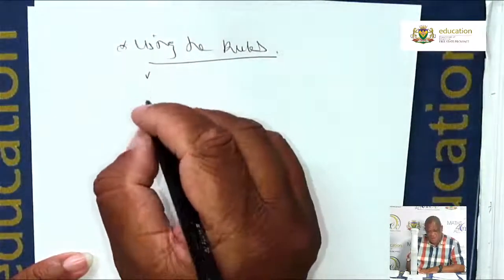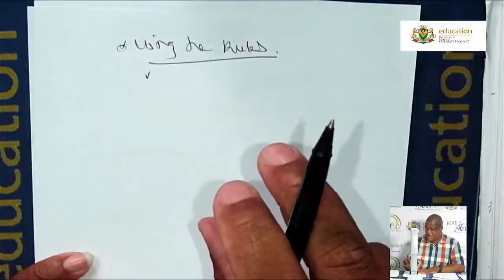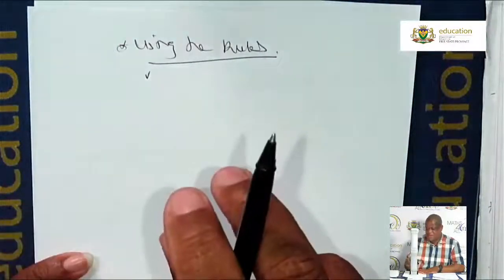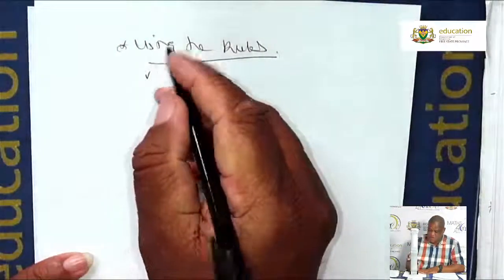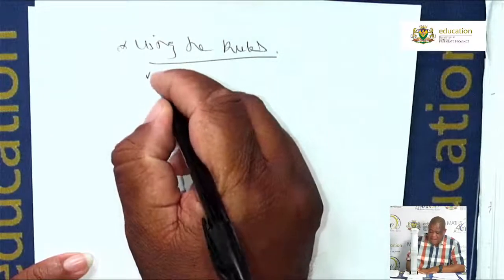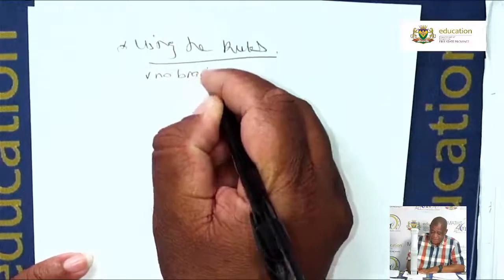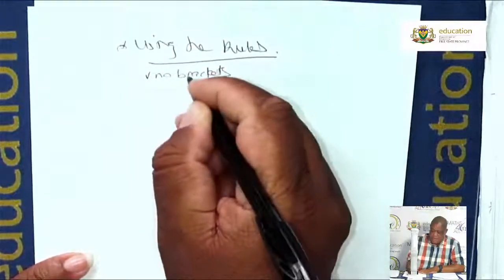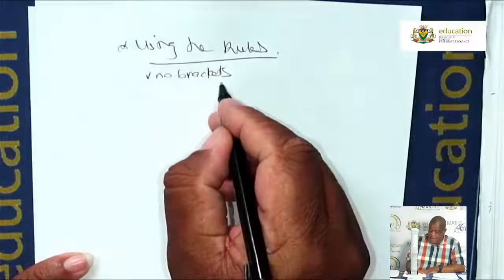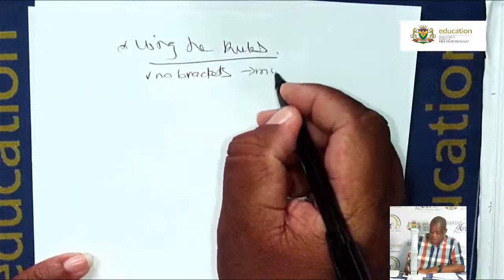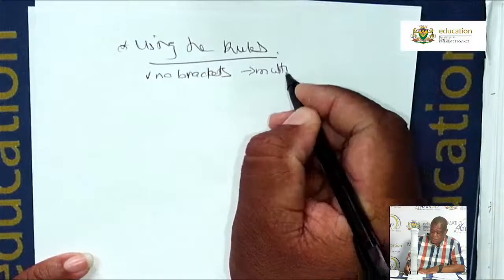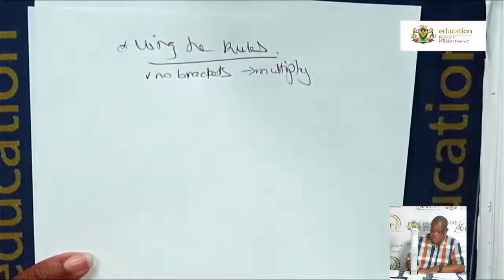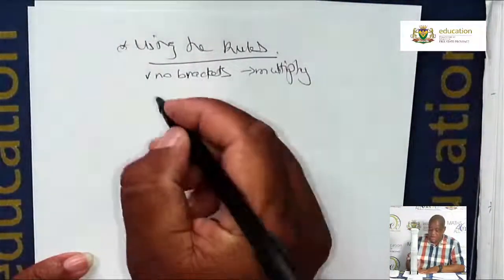On a given expression, let us make sure that there are no brackets. If there are brackets, multiply them out before you can differentiate.